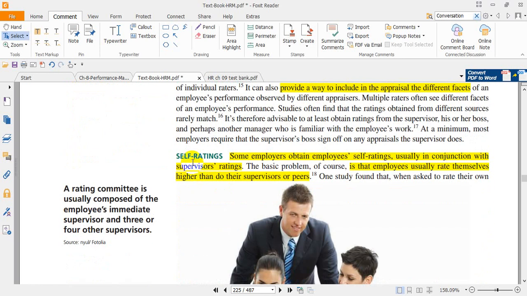And self-rating: some employers obtain employees' self-ratings, usually in conjunction with supervisors' ratings. The basic problem, of course, is that employees usually rate themselves higher than do their supervisors or peers.